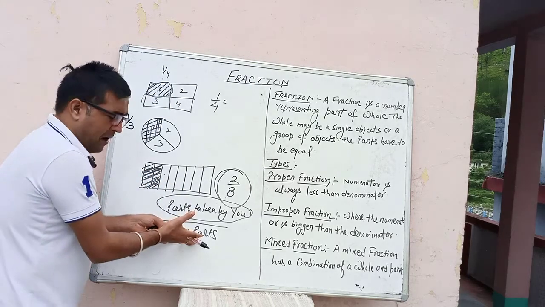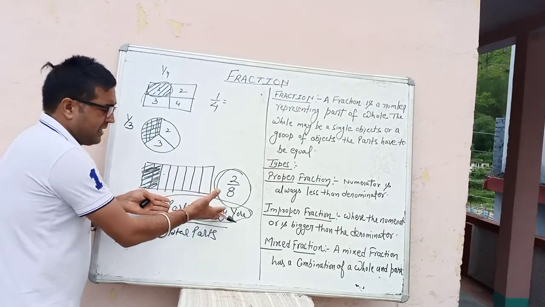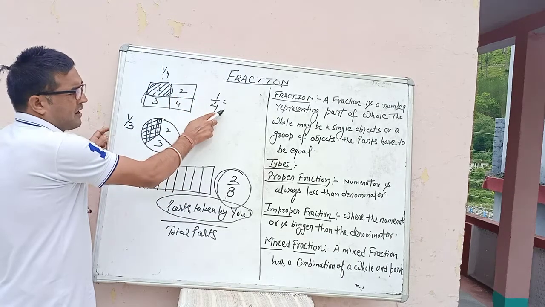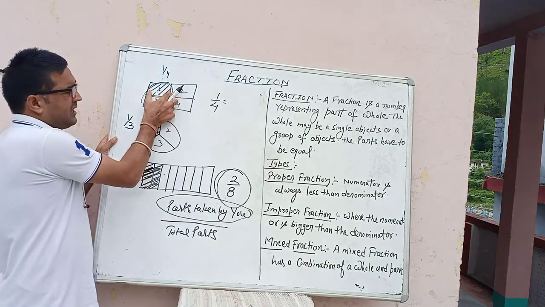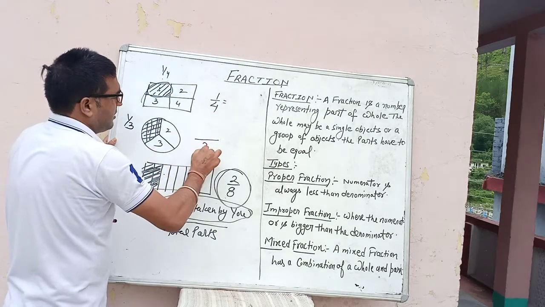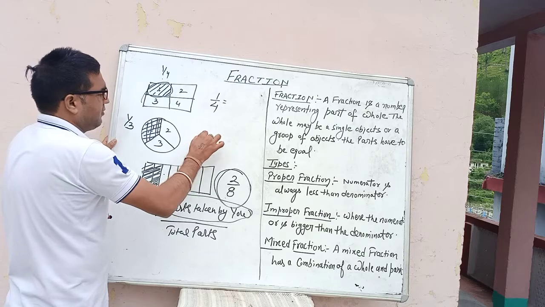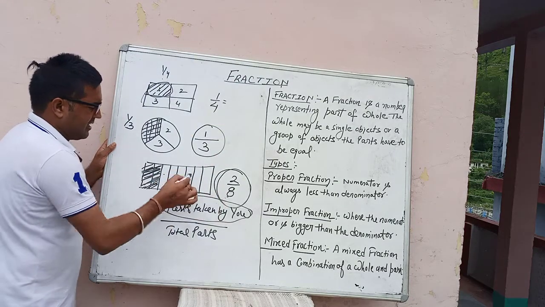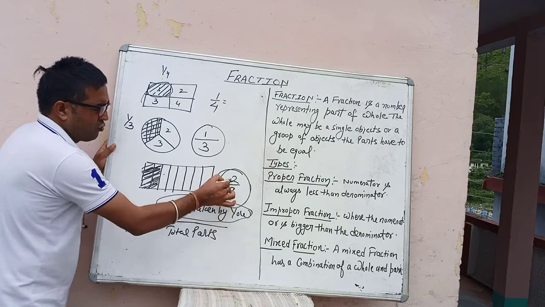So the total parts go below, and the parts you are taking go above. For example, here we have the total number of parts 4, and the part we are taking is 1, so that is 1/4. Here the total parts are 3, and the part you are taking is 1, so that is 1/3. The total parts are 8, and you are taking 2, that is 2/8.